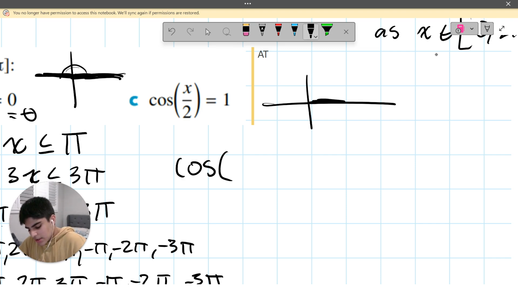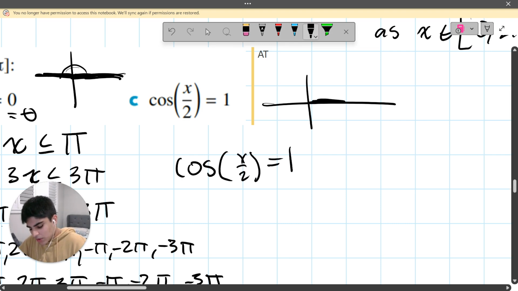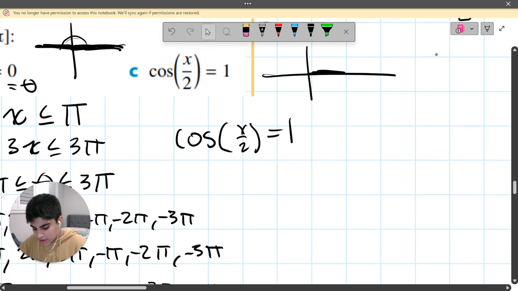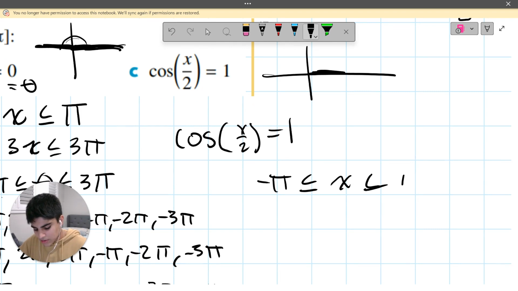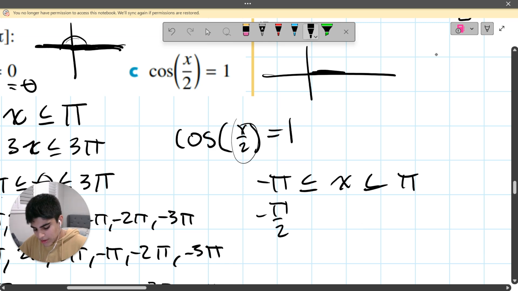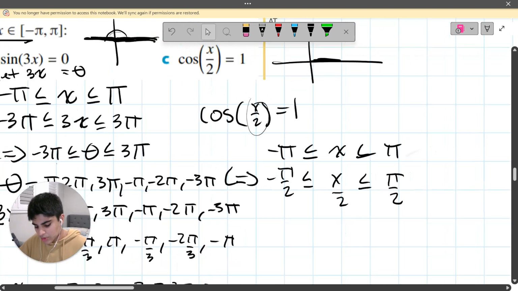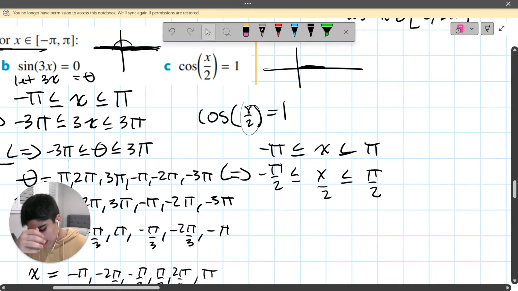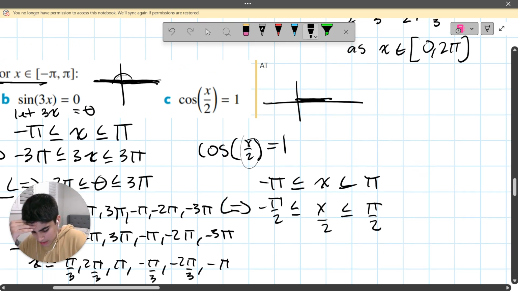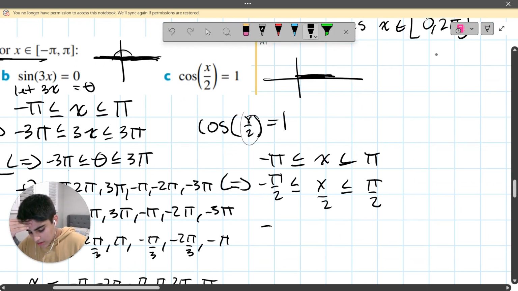Cosine x over 2 equals 1. Let's establish our domain. Negative pi less than or equal to x, which is less than or equal to pi. Dilation of 2, so negative pi on 2 is less than or equal to x on 2, which is less than or equal to pi on 2. Now cosine is 1 here, so, wait, let me just finish this real quick.